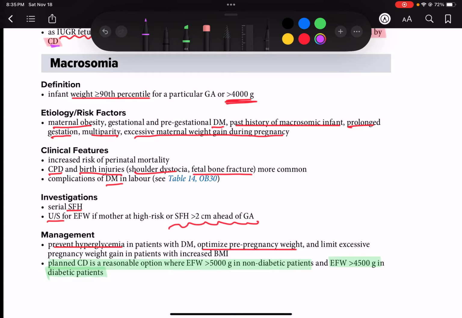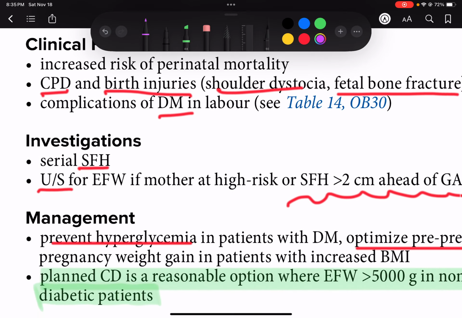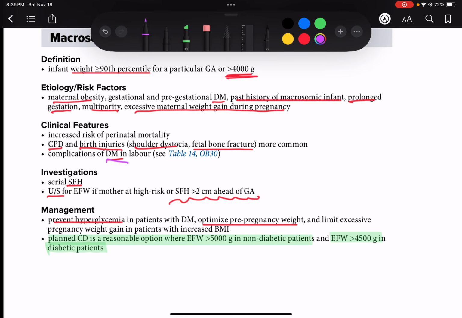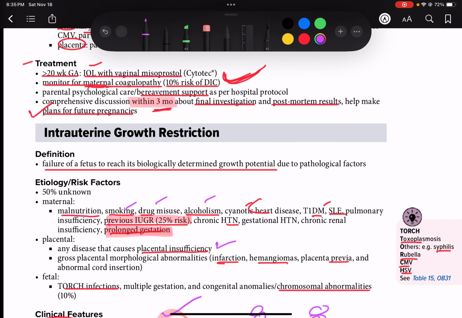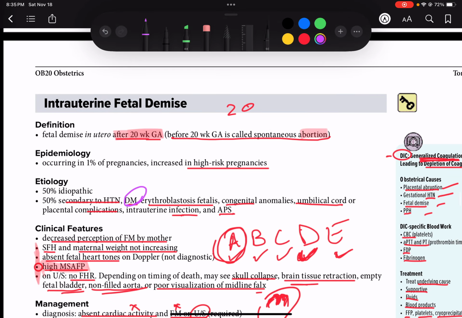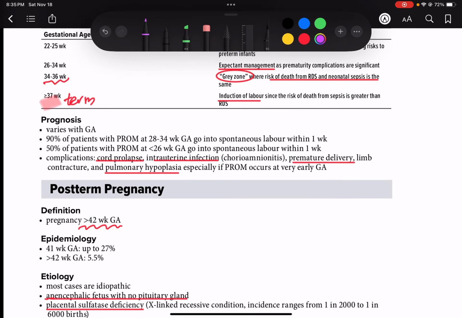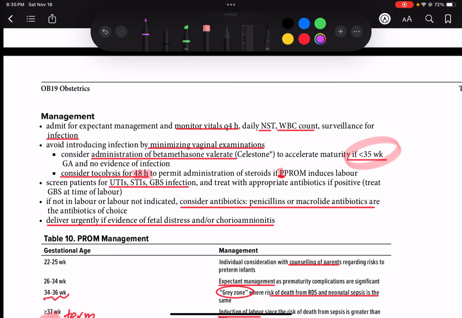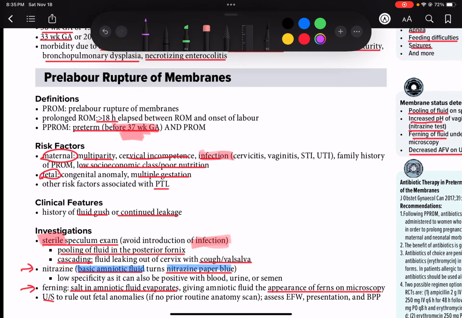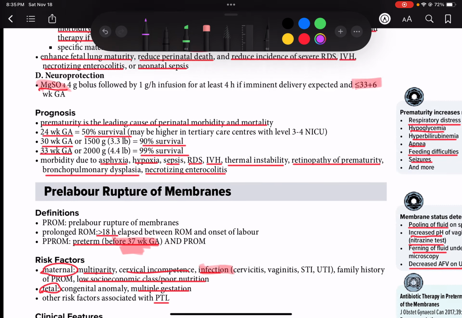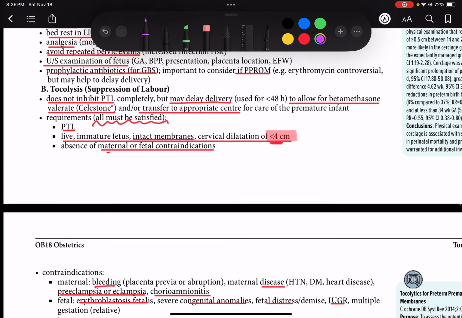Because we have read that diabetes or any chronic medical illnesses in labor might cause complications, just like we read right here: growth restriction, type 1 diabetes, and then the maternal side complications, diabetes mellitus, fetal demise. Not the postpartum pregnancy, I believe, but it might be a cause too, because the babies are usually bigger. And then right here, rupture of membranes is usually because of infections.